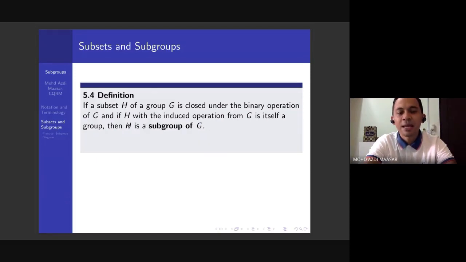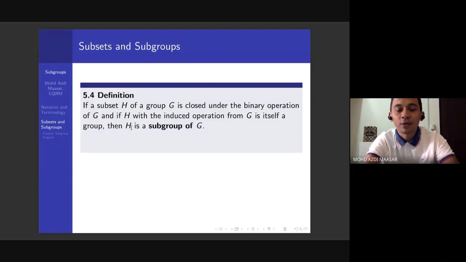Informally speaking, we need to see whether H is a group or not, so you have to relate back to the group definition. First, we know that H is closed under the binary operation of G. Next, we need to check whether H is a group.